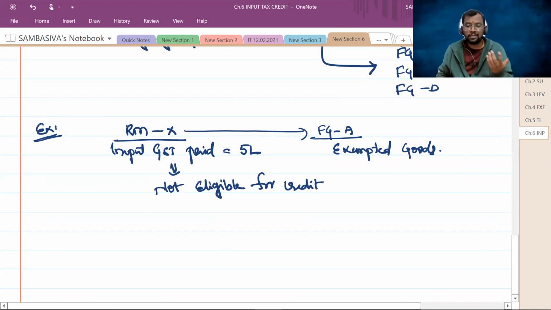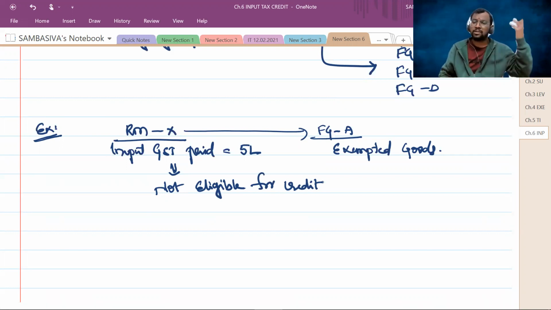Why, sir? Because you have utilized that input goods exclusively in the manufacturing of exempted goods. Sir, if you're not allowing me input tax credit, I will add to the cost of the goods. Whatever input tax I paid, 5 lakhs, I will add back to the cost of the goods. Okay, you can add, absolutely no problem. Sir, if I add, cascading effect of taxes comes into picture.